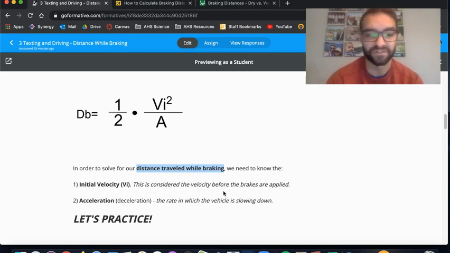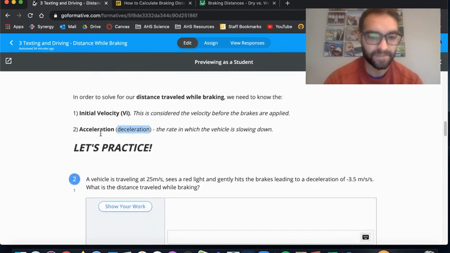And then the acceleration, or in this case, since we're braking, we'll often refer to it as deceleration, represented by the A value. Using that will give us our distance traveled while braking, which we're going to refer to as dB, capital D, lowercase b.